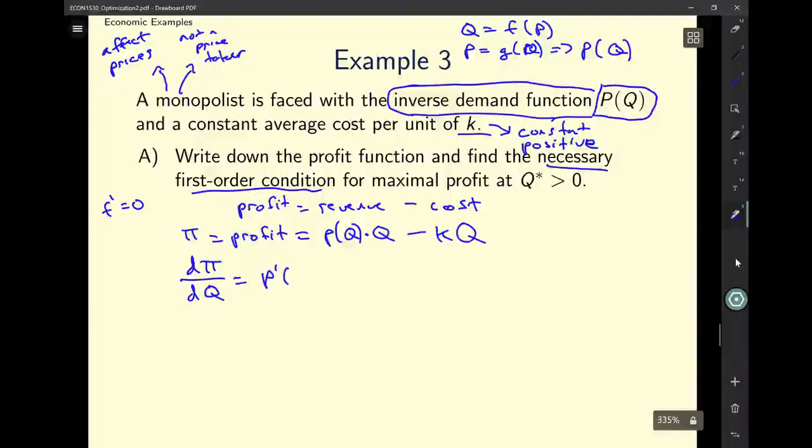We've got P prime Q times Q plus P of Q minus K. And if we want to find an extreme value, if we're trying to find the profit maximizing value of Q, we need to set this thing equal to 0.